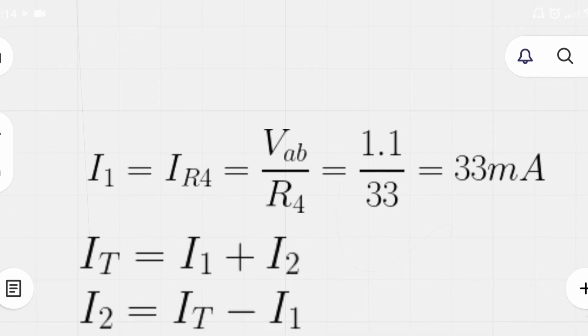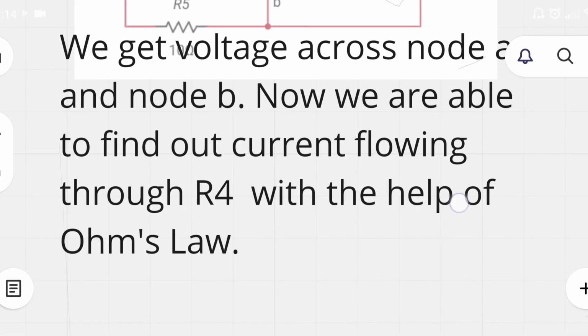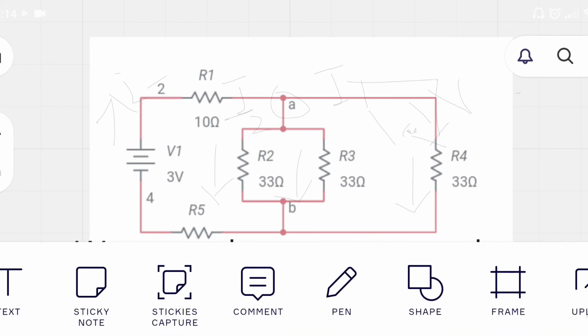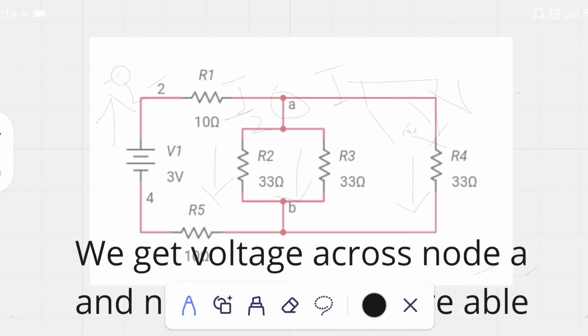Similarly, IT is equal to I1 plus I2. Let's check the circuit. I told you this is IT, and we have calculated the current flowing through R4, that is I1, which is equal to 33 milliampere.